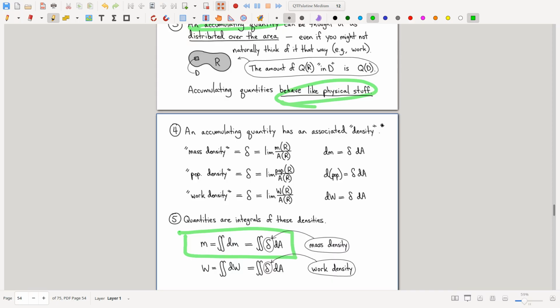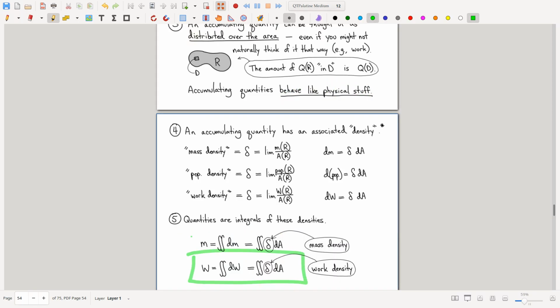And the observation we're going to make here is that you can use that same strategy for any accumulating quantity, because you can view it as being kind of a stuff. It therefore has an associated density of that stuff per unit size, and therefore you can compute it with an integral.